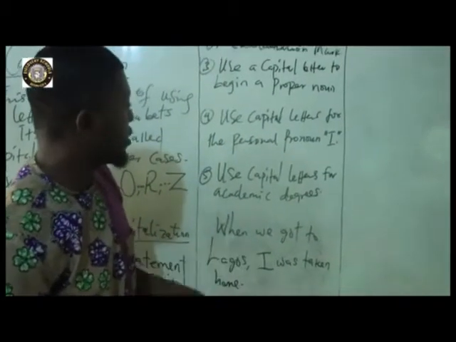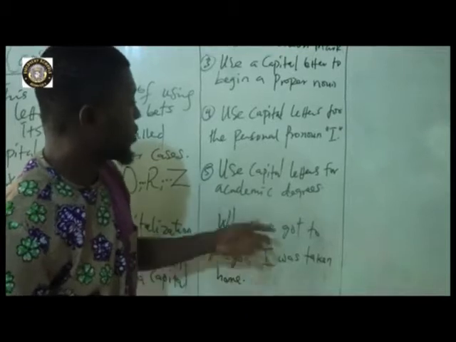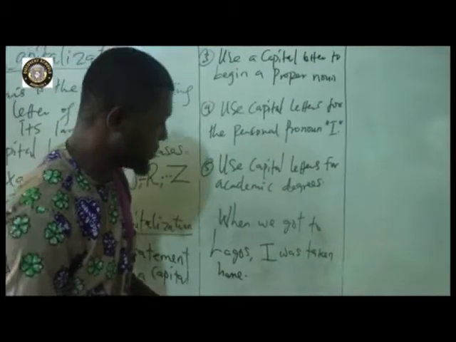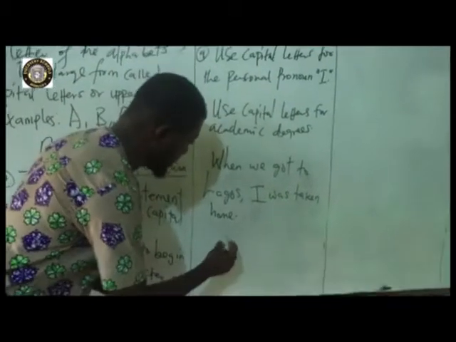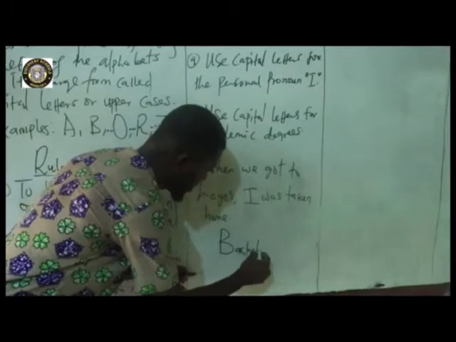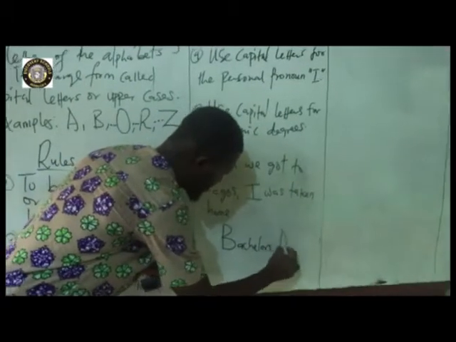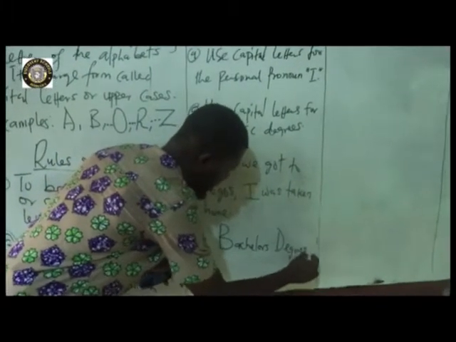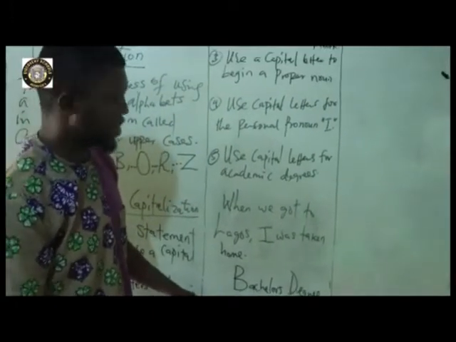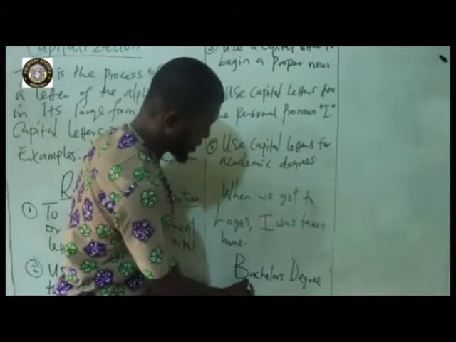And then last on the board, we use capital letters for what? For academic degrees. For example, I obtained a bachelor's what? Degree. Anytime you're writing about academic degrees or qualifications, you must begin them with what?